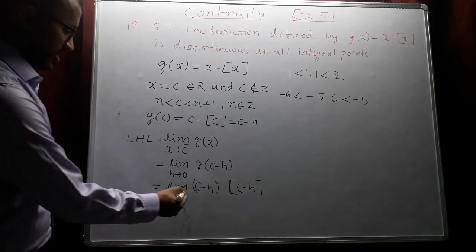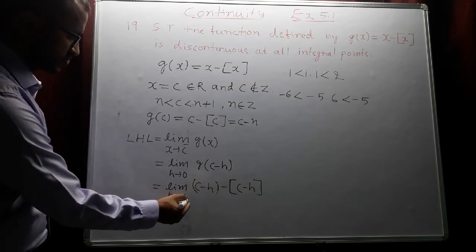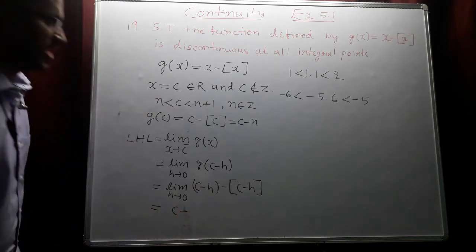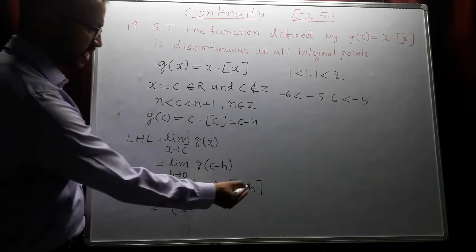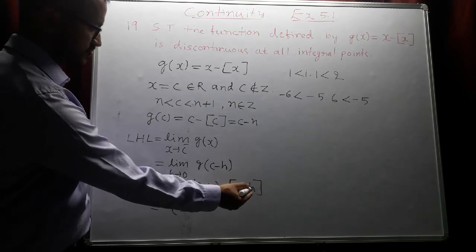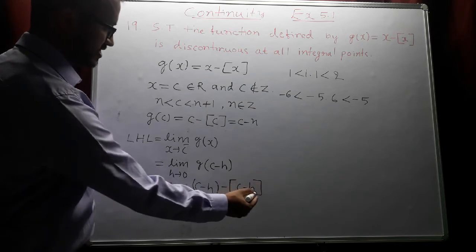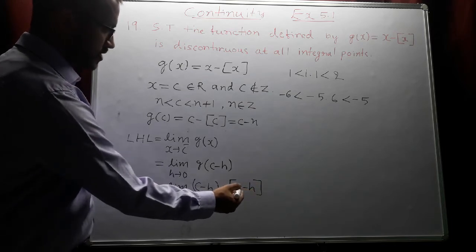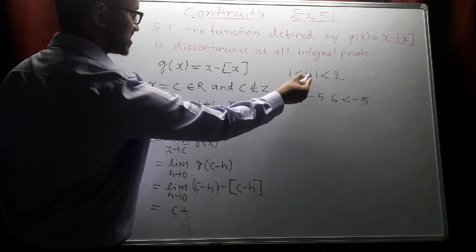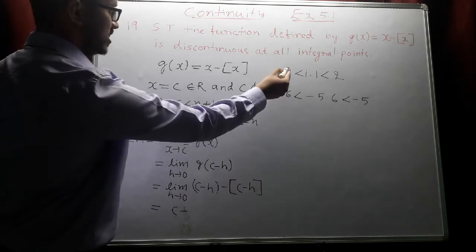So here, as h tends to 0, this value c minus h approaches c from below, where c is a real number. If you subtract some small quantity and then apply the greatest integer less than or equal to c minus h, we get 1 itself.